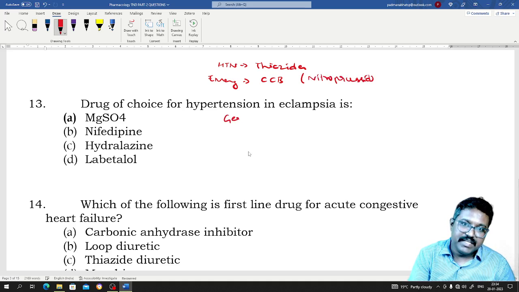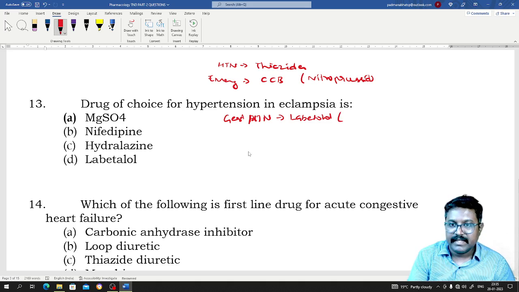In case of gestational hypertension during pregnancy, the latest book will say it is the labetalol, and the JNC criteria says that it is your methyl dopa.